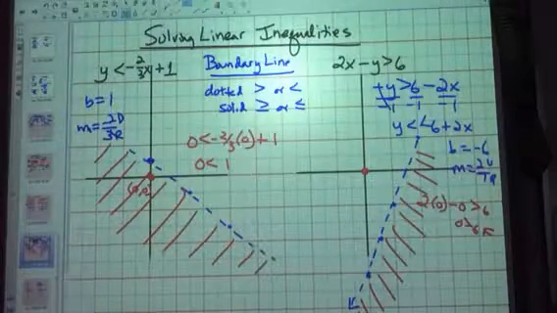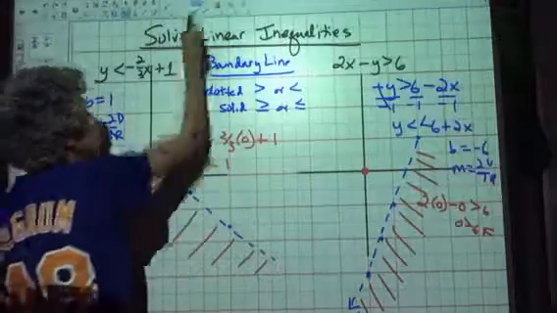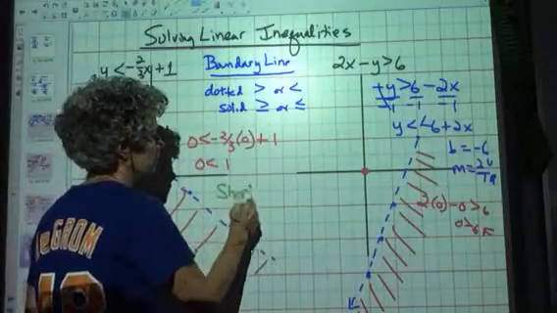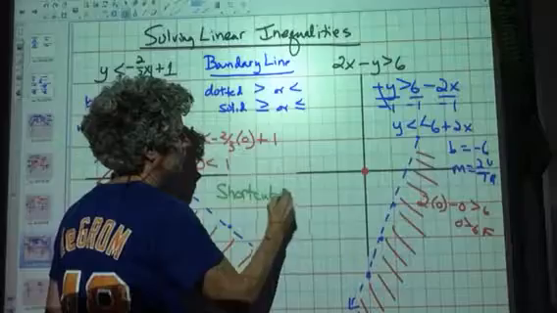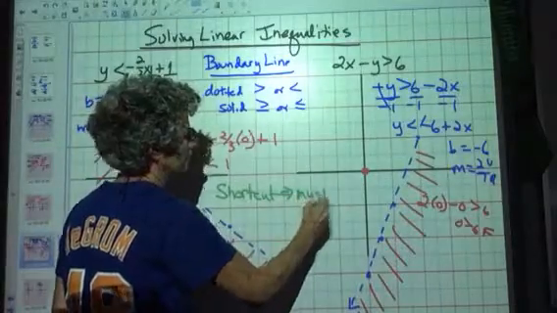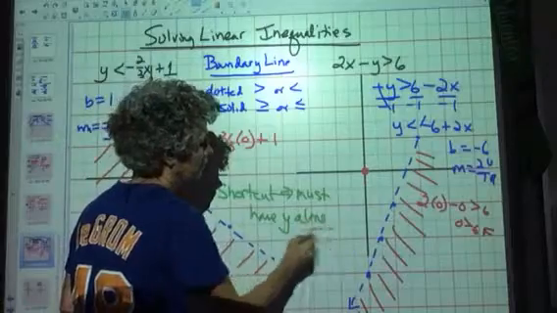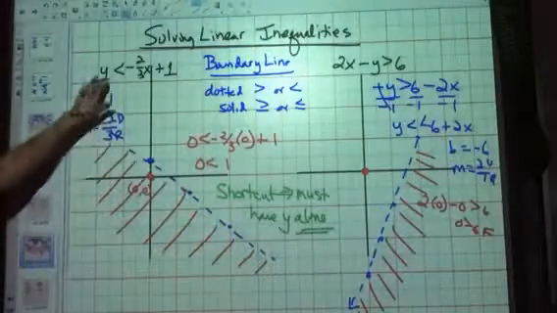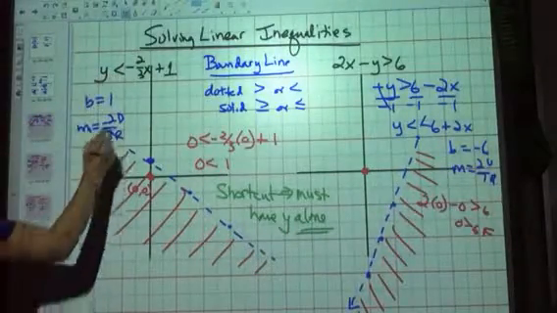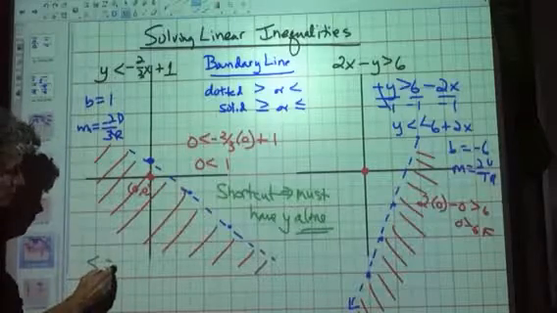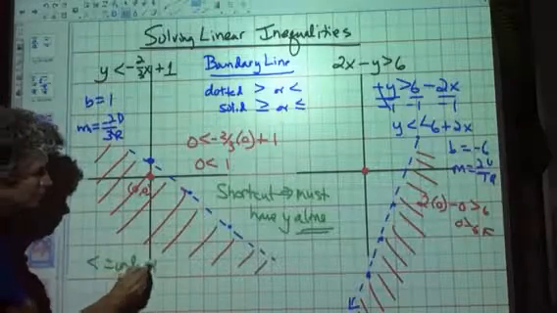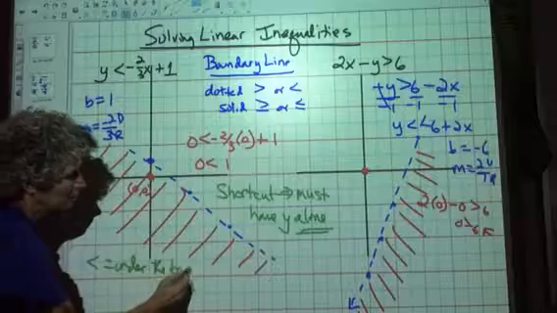There is a shortcut. But to do the shortcut, you must have y alone. Okay, so in this one we did have y alone. This is less than. Because it's less than, we're going to go under the boundary.